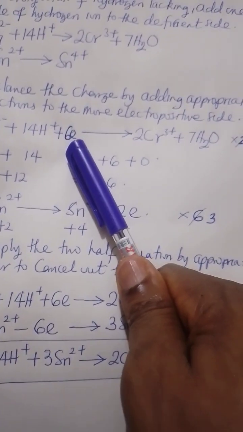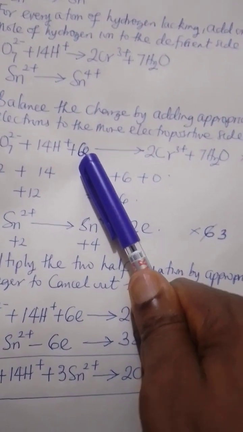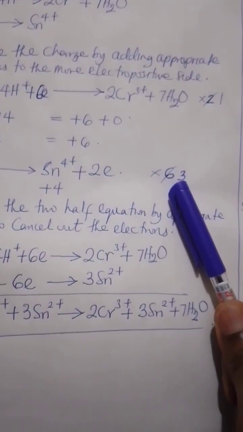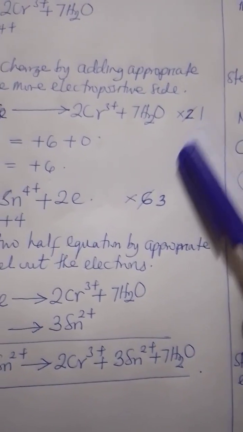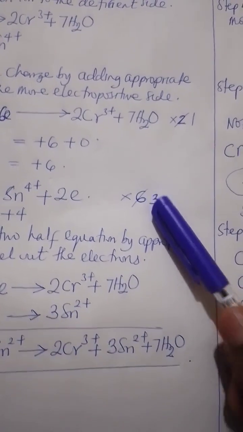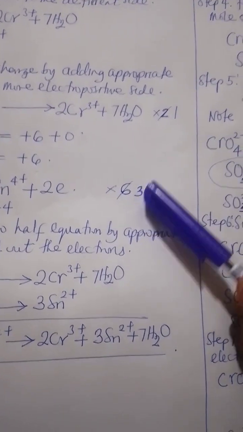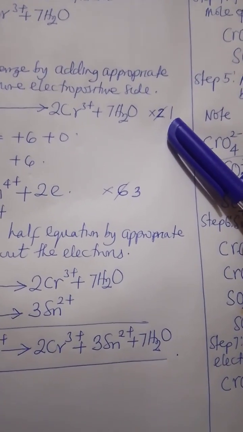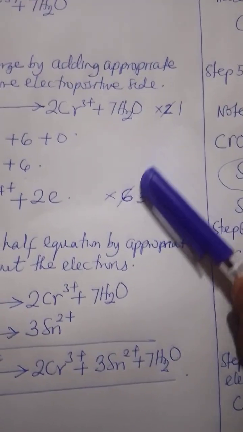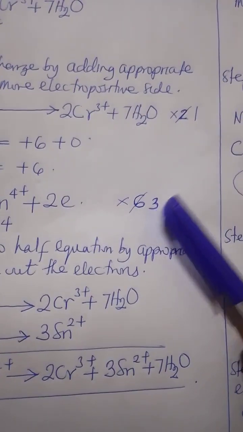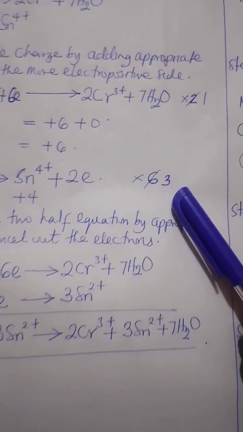Here we have 6 electrons. We use 6 to multiply the second half equation. However, in order to reduce the burden of multiplication, we look at the 2 integers. We see that they have a common factor, so we can cancel: 2 here gives 1, 6 gives 3.